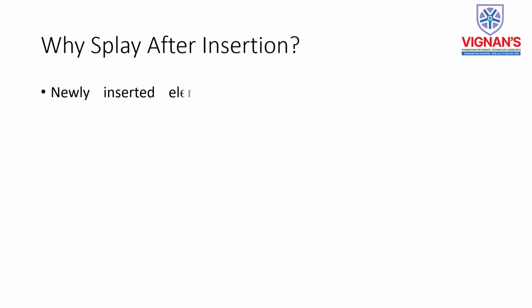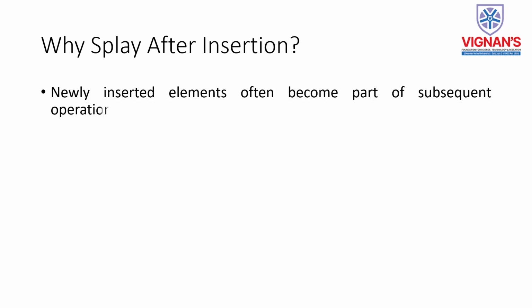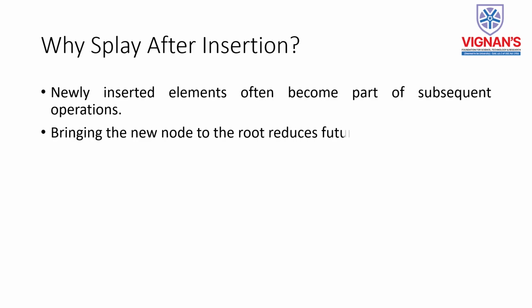Why to perform splay after insertion? Newly inserted elements often become part of subsequent operations. Elements that are added to the tree are commonly used again in later operations. Bringing the new node to the root reduces future access time. Placing the new node at the root makes it faster to access in the future.